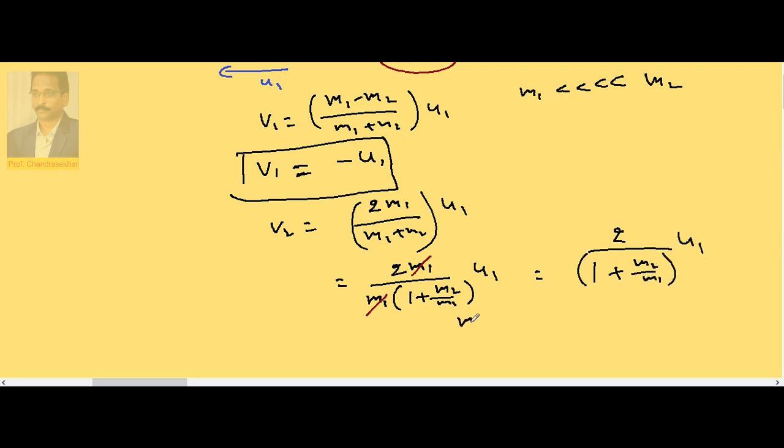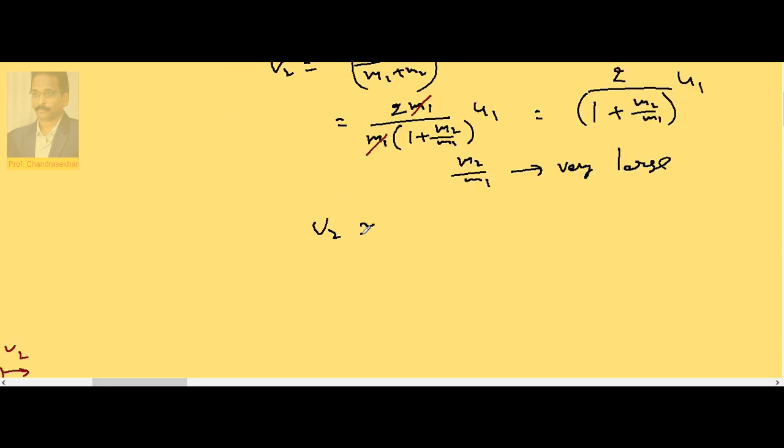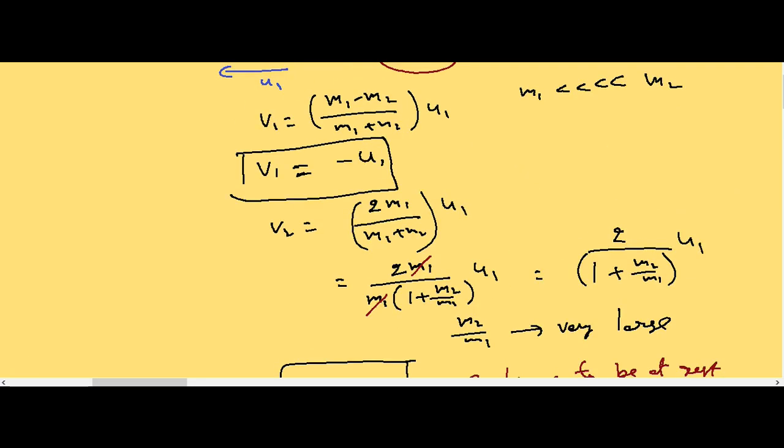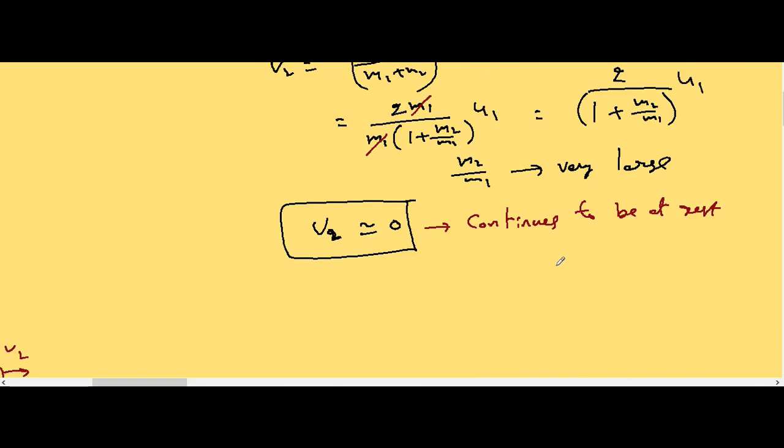This m2 by m1 is a very large term. Therefore v2 is almost 0, at rest. That means the heavier body continues to be at rest. So the lighter body moves back with the same speed, but the heavier body continues to be at rest.